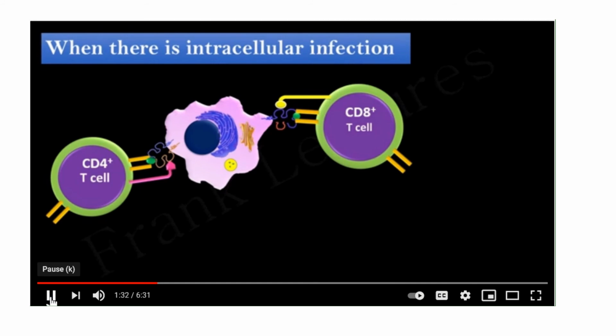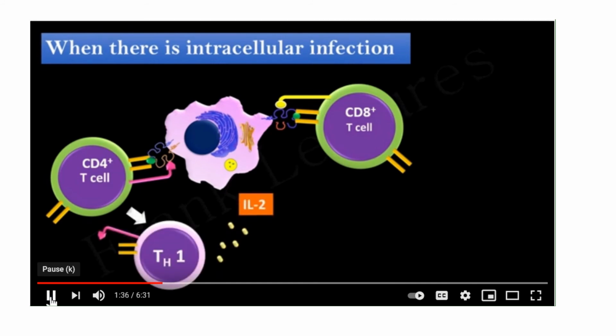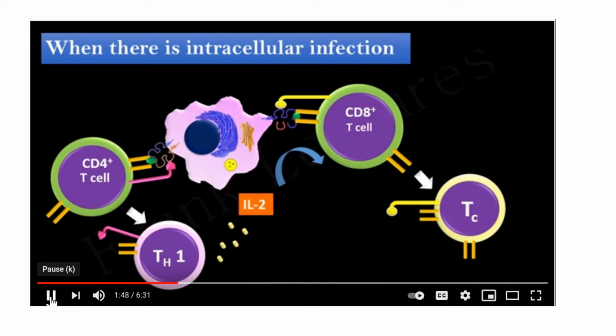At the same time, nearby activated T helper type 1 cells are secreting interleukin-2. Recognition of the antigen by the CD8 positive T cell, and the signals from T helper cells, result in the activation of the CD8 positive T cell. This T cell now proliferates and differentiates into effector cytotoxic T cells and memory T cells.